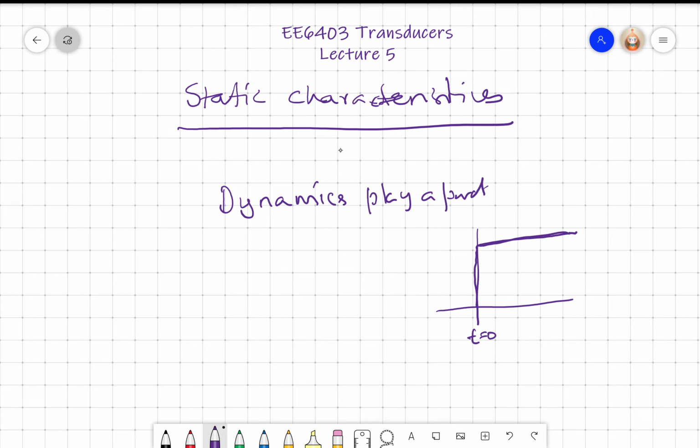So when I switch it on, if this is my input X, we call this signal X into U of t, where U of t is known as the unit step function. At t equal to 0, it goes to 1 and stays as 1.